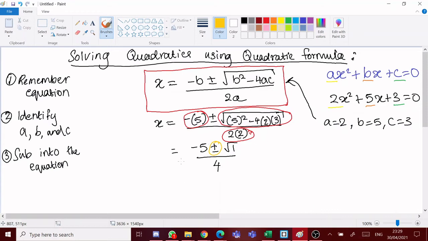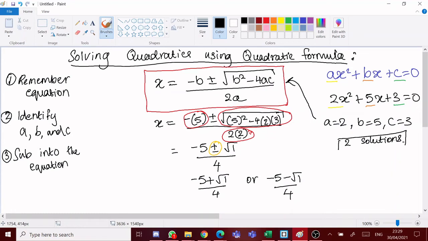So this would be separated into minus 5 plus square root of 1 over 4, or minus 5 minus square root of 1 over 4. If you remember, quadratics mostly have two solutions. So remember to always try to get those two solutions for a quadratic.